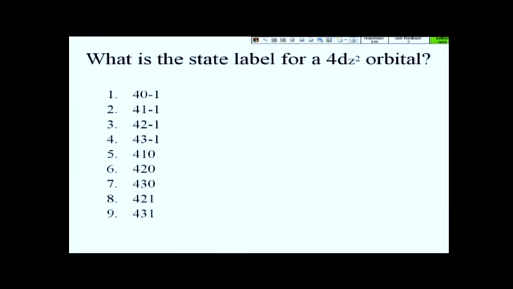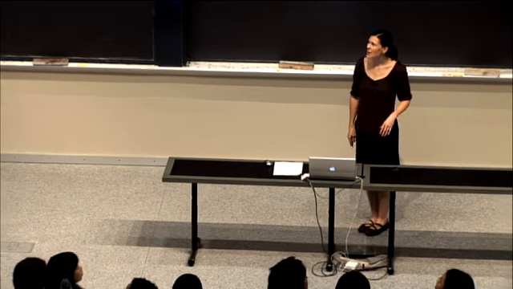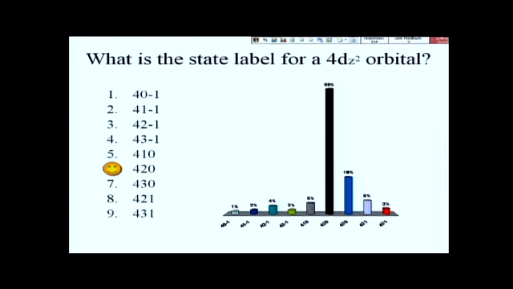All right, so let's get started. Why doesn't everyone take 10 more seconds to answer this clicker question here? All right, so good. It looks like just about everyone is able to go from the name of an orbital to the state function.